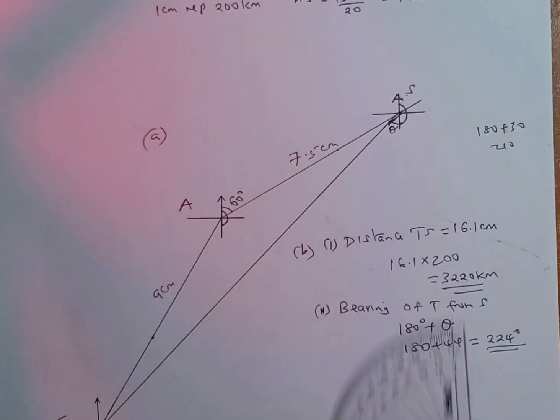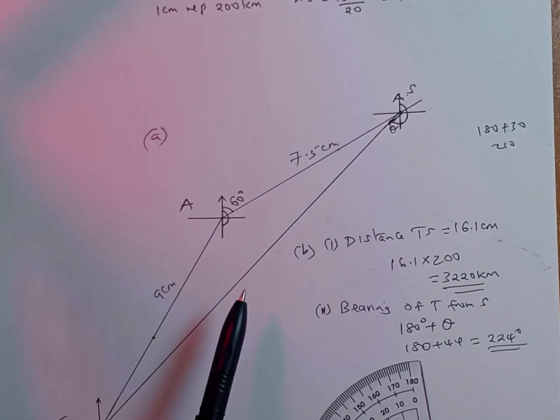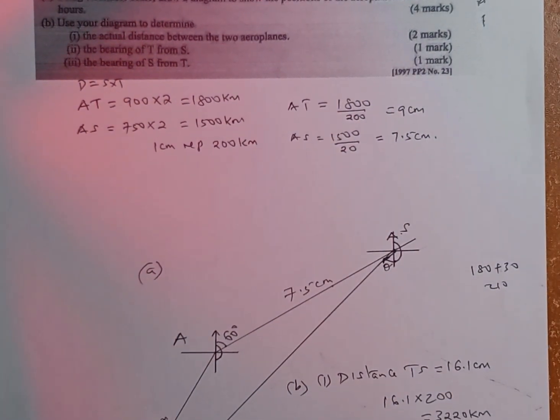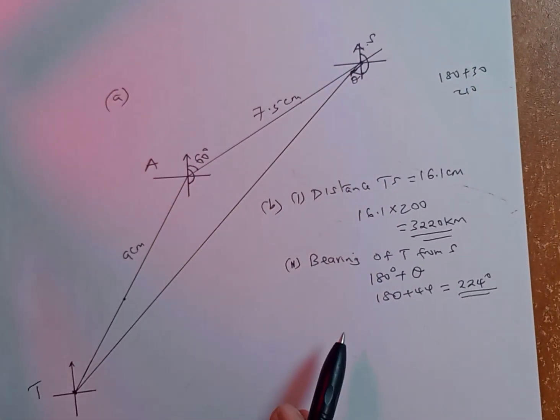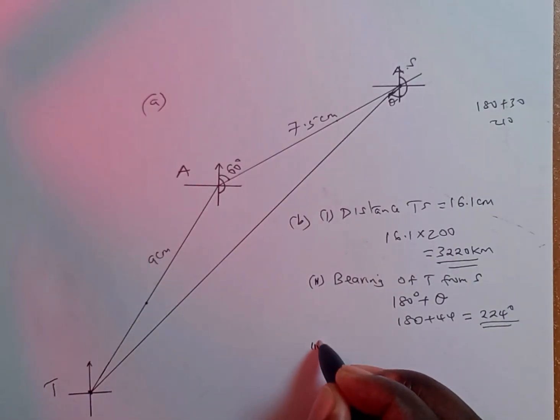Next we determine the bearing of S from T. The bearing of S from T, that is Roman 3.